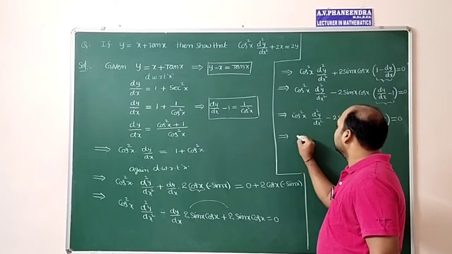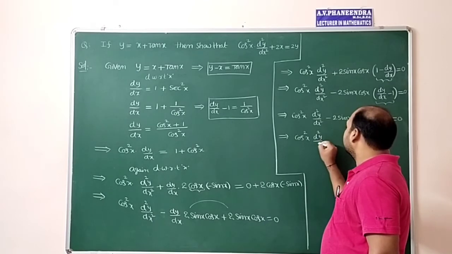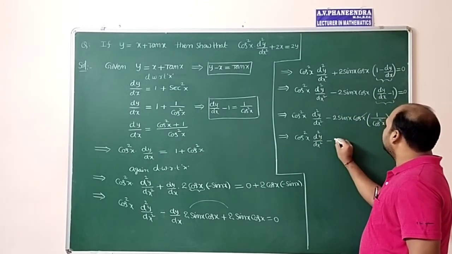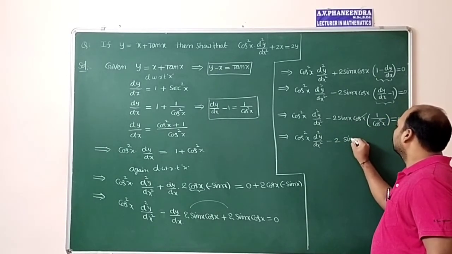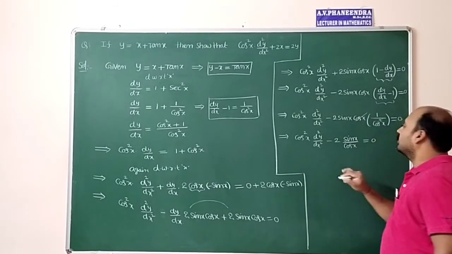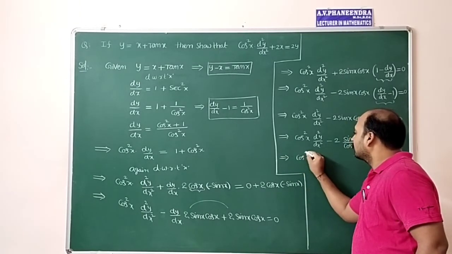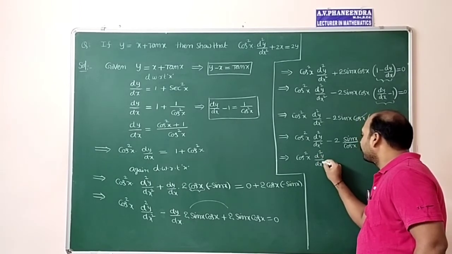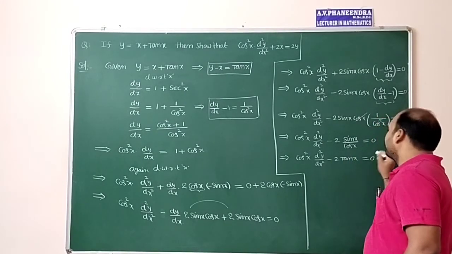That implies cos square x into d square y by dx square minus 2 into sin x by cos x is equal to 0. That means tan x. That implies cos square x into d square y by dx square minus 2 tan x is equal to 0.